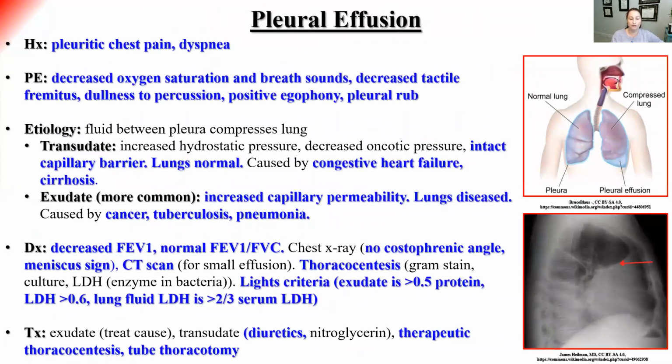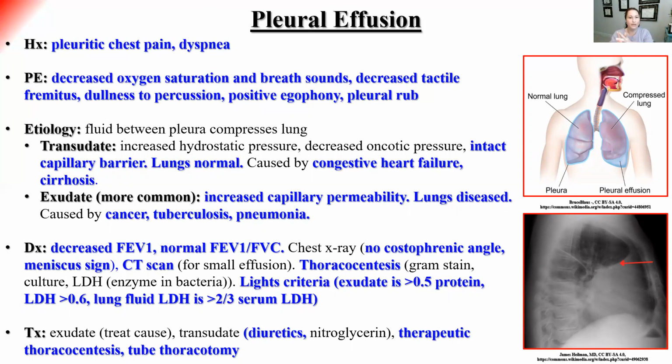Next, we have pleural effusion. Remember, this is not consolidation. This is fluid between the pleura and it compresses those airways, compresses the lungs. Pleural effusion is going to present with pleuritic chest pain, so pain with breathing and coughing, dyspnea, trouble breathing, decrease in oxygen saturation, decreased breath sounds because you're listening through liquid, and decreased tactile fremitus because you're going through a liquid, so you're going to feel that tactile fremitus be decreased in that area.